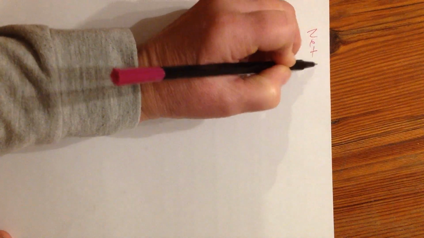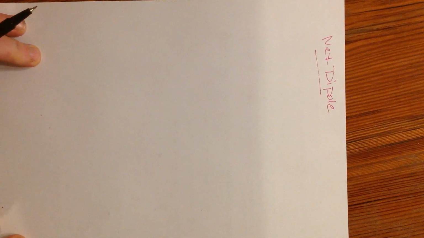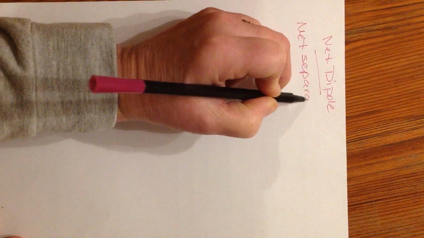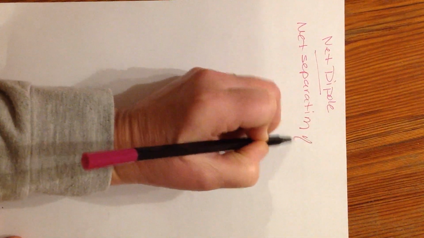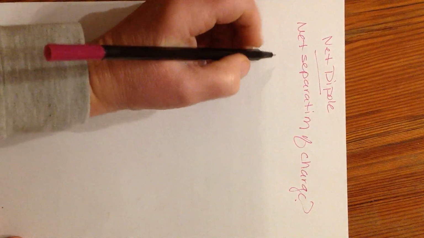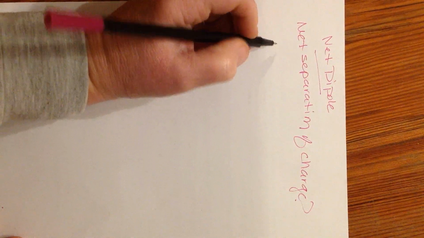Now the last thing I'm going to talk about is this net dipole. And I'm going to see if I can do this in the remainder of this video. The net dipole means, do we have a net separation of charge? So what this means then is you need to go and look at your Lewis structure.